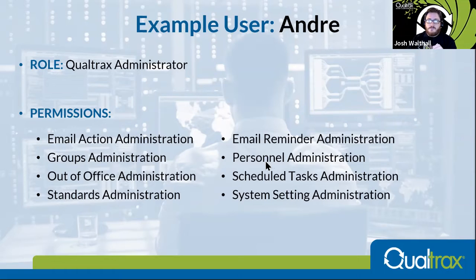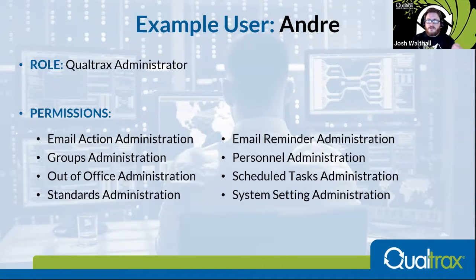He also needs the groups administration and personnel administration, as well as out-of-office administration permissions, so he can create groups, create personnel in the system, and also assist users with password resets and out-of-office statuses. To round out his user scope, Andre also needs the scheduled tasks administration permission, standards administration, and system settings administration permission, so he can manage overall settings for his organization's Qualtrics server.